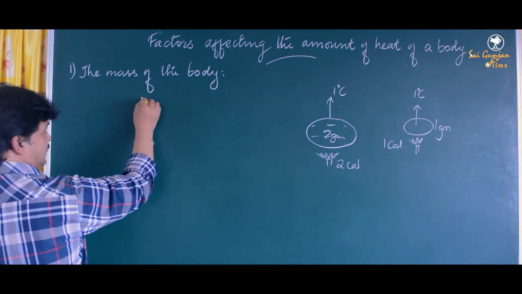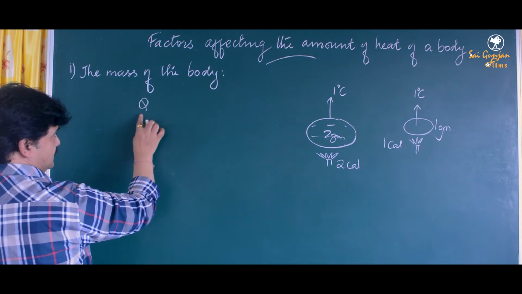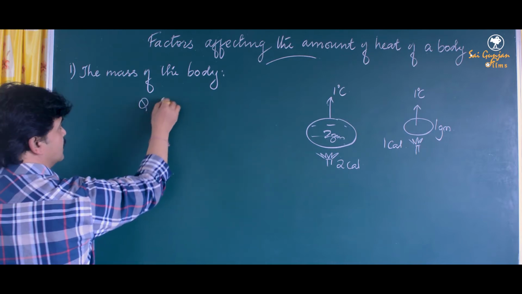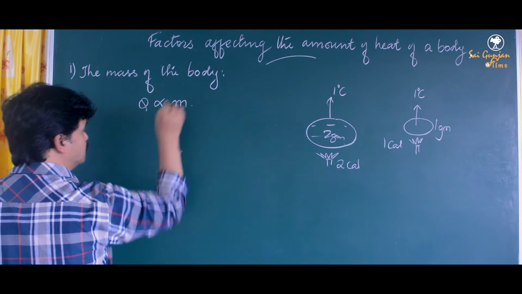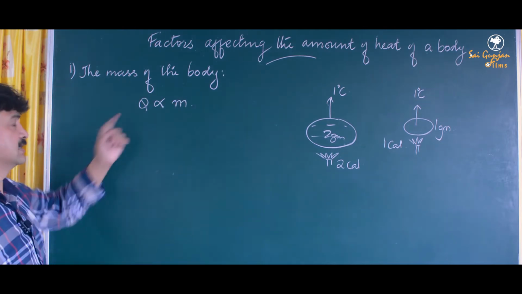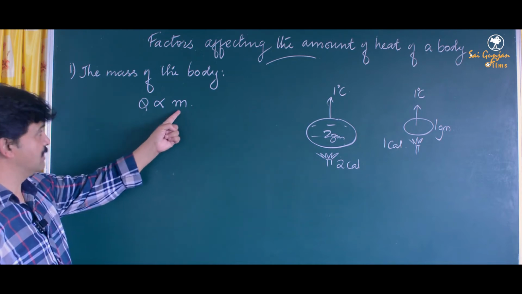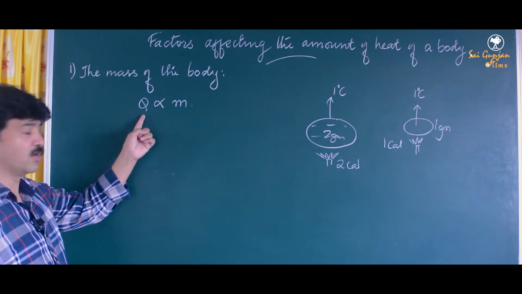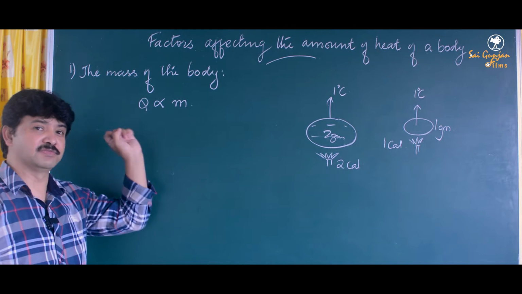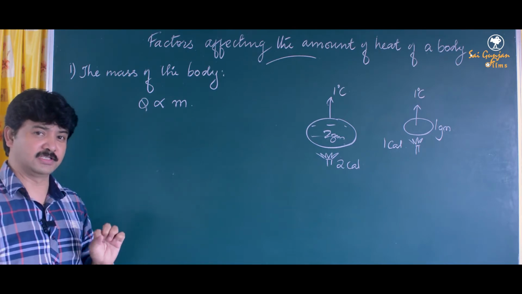Mathematically we write Q, the amount of heat contained in a body, is directly proportional to M, where Q is the amount of heat and M is the mass. So the more the mass, the more heat contained in the body, and the less the mass, the less the heat contained in the body.